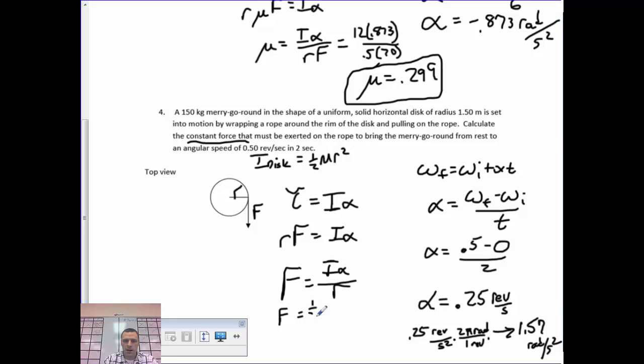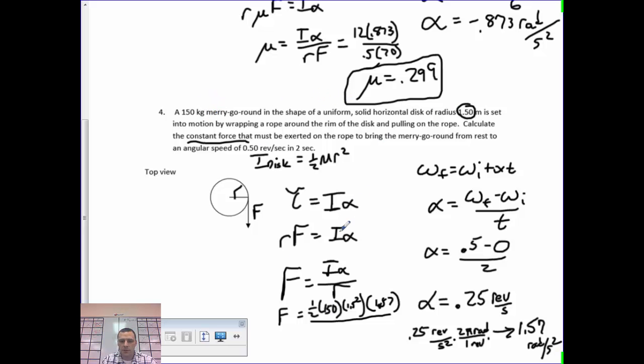So it's going to be 1/2 times 150 times what's the radius of the disk? 1.5. Square it, times 1.57, that's our alpha value, angular acceleration, divided by the radius of the disk, which is 1.5.